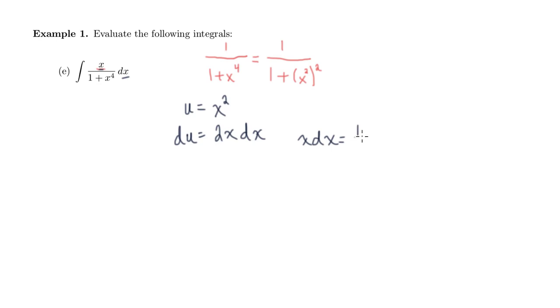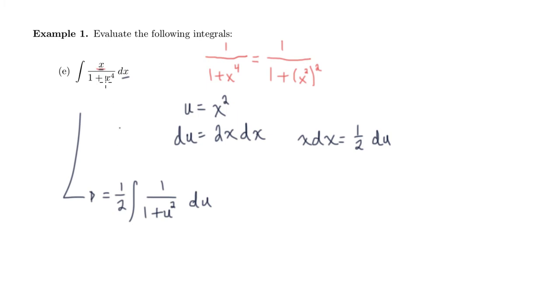is just 1/2 du, so that the whole integral becomes x dx, I replace with 1/2 du, and then the 1 over 1 plus x to the fourth is 1 over 1 plus u squared. Okay, so once you see it, it's like, oh, okay, I see now that this indefinite integral looks like inverse tangent plus c.